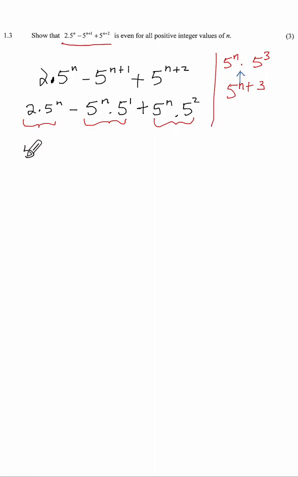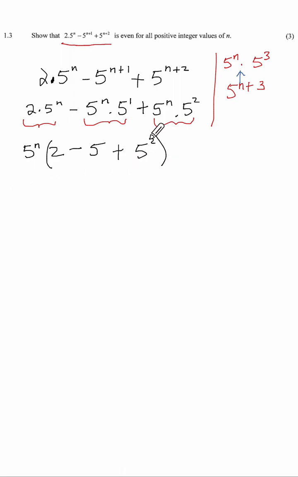I can have 5 to the power of n outside of brackets, then inside brackets, if I factor out 5 to the power of n here, I would have 2 left. And then minus. If I factor out 5 to the power of n here, this goes away, and I have 5 to the power of 1, which is just 5. And then plus, if I factor out 5 to the power of n here, I would have 5 to the power of 2 remaining there.